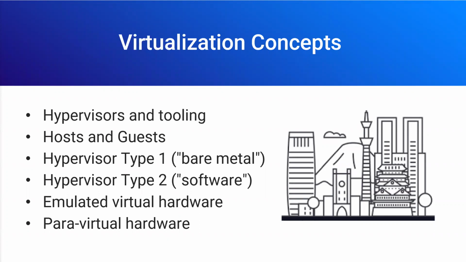The other thing that gets tossed around a lot in academic discussions, and frankly, I think the distinction is a little overrated at this point, is that you'll see folks talk about type 1 hypervisors versus type 2. Those are usually grouped in as bare metal versus software hypervisors, but that's not really the best description.